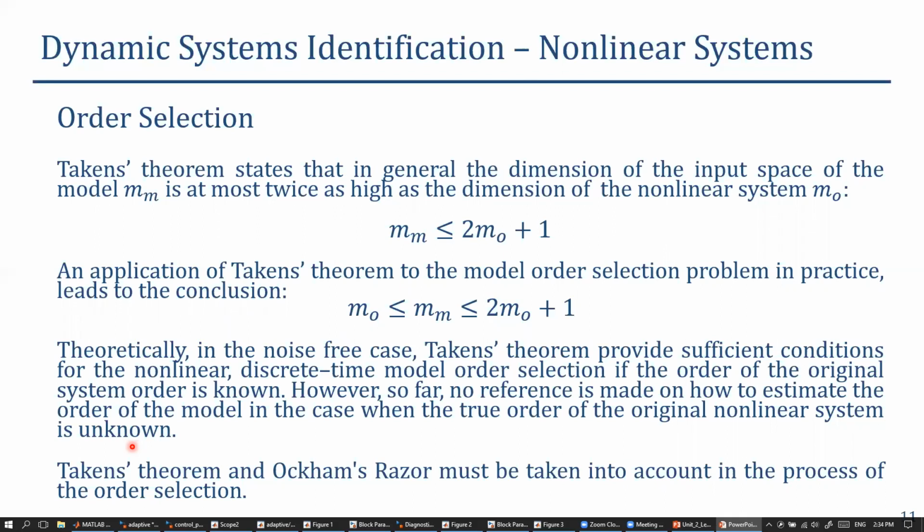And this is for the systems where we know the order. For the systems where we don't know the order, we have no clue. There is no reference, not even a theoretical reference, on how to select the order of the nonlinear model if the order of the nonlinear system that we want to model is not known.